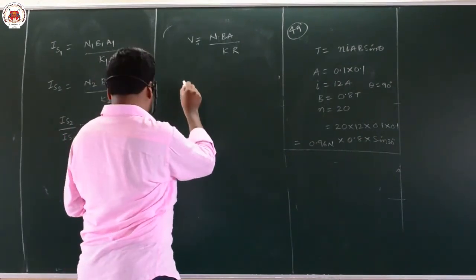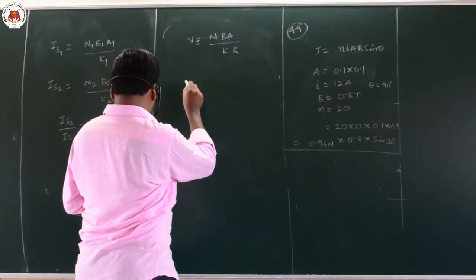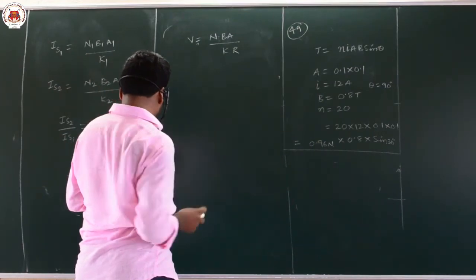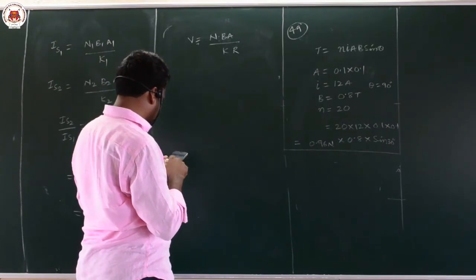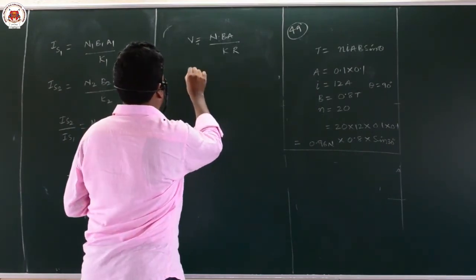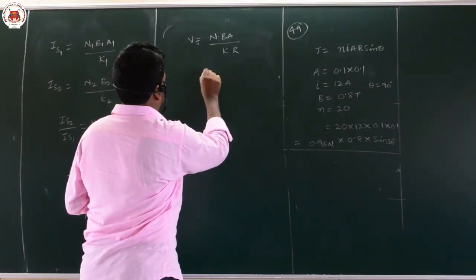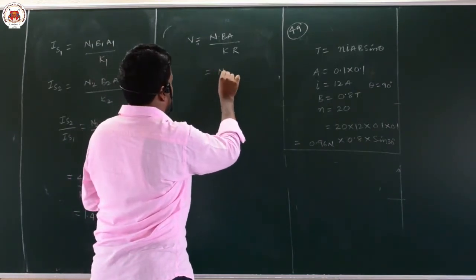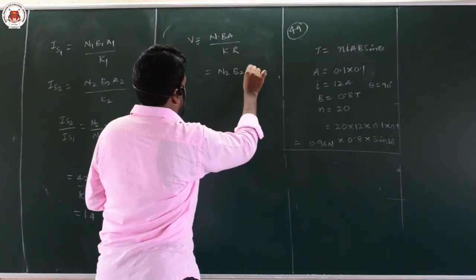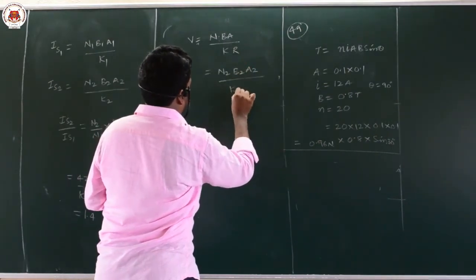The ratio of current sensitivity is 1.4. Voltage sensitivity for M2 is equal to N2 B2 A2 divided by K2 R2.